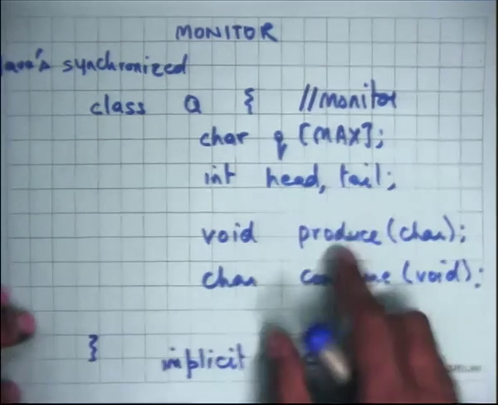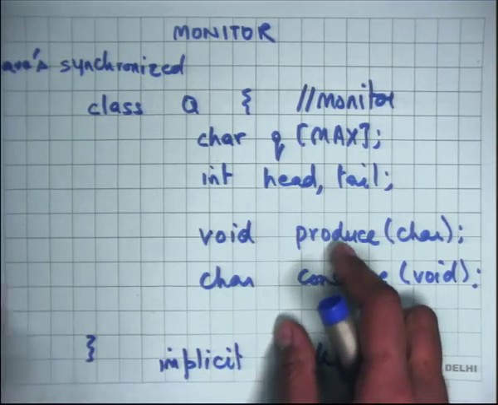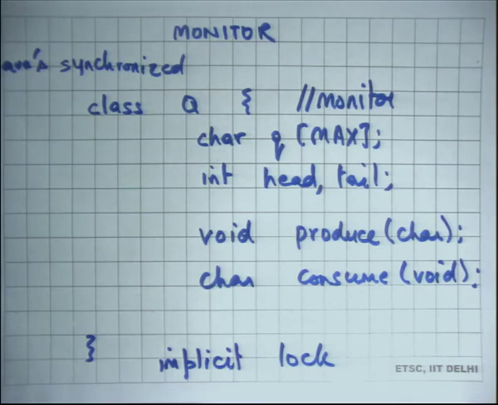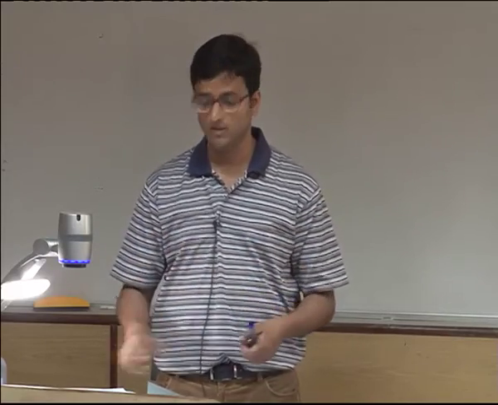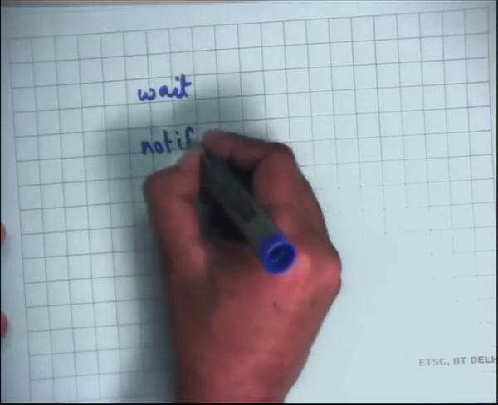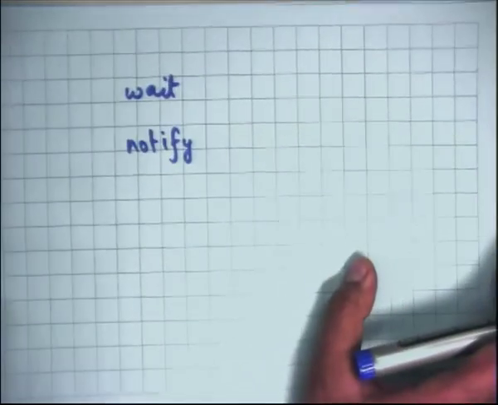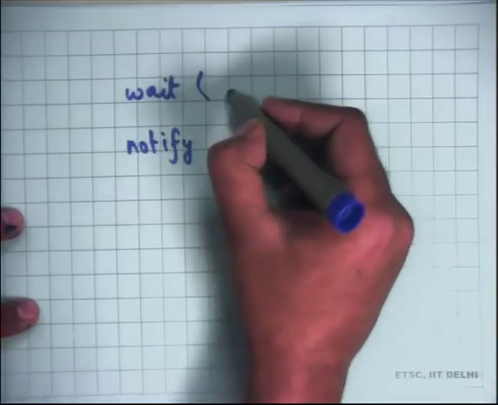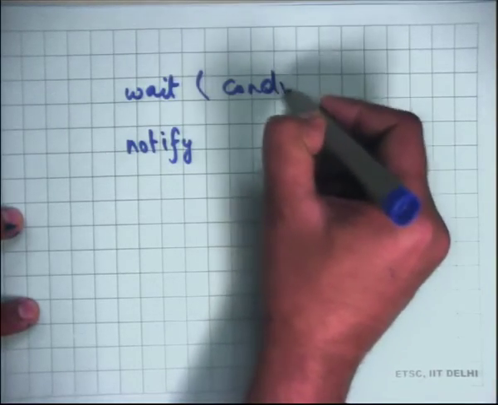Monitors also need, just like we have seen, the producer code may need to wait on a condition. So what is the counterpart of a condition variable in the monitor world? Monitors also have these functions called wait and notify, or you can call them by different names, wait and signal or anything else, and you can say some condition variable.